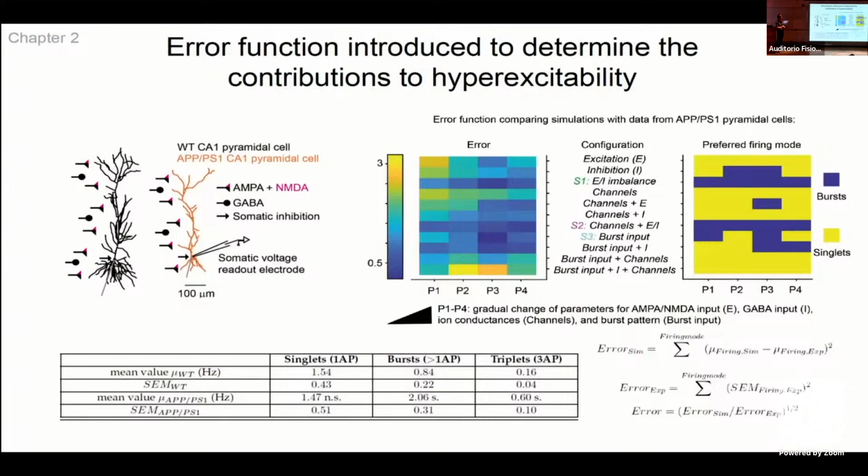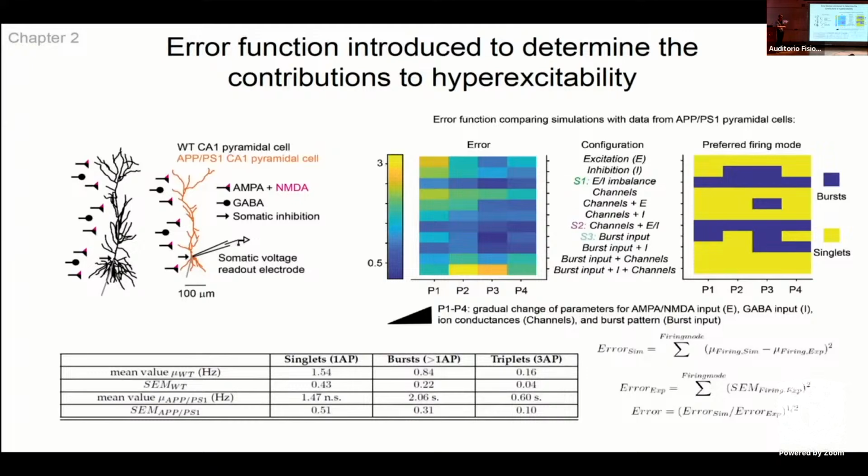So what can happen is that excitation is increased, that you have a higher input frequency. It is known that the GABA synapse density is decreased in Alzheimer's cells. Then we have a combination of both, EI imbalance. We looked at the channels. So this looks quite easy here. It's just one line, but the investigation is quite tough because we have these dozens of channels and they interact with each other.